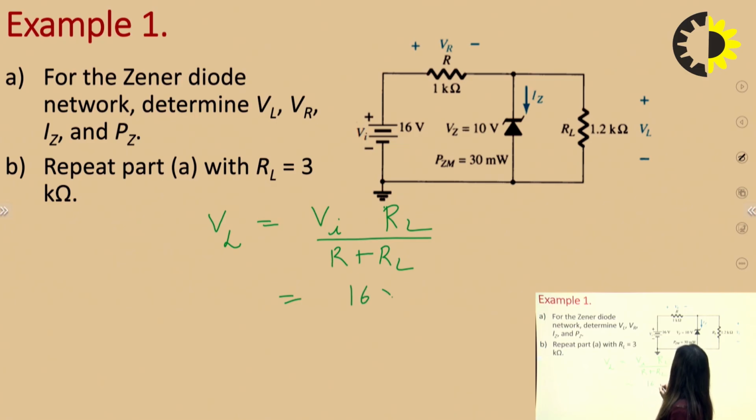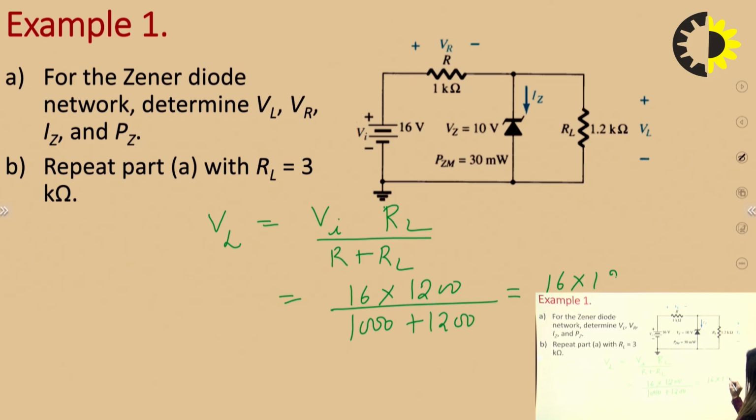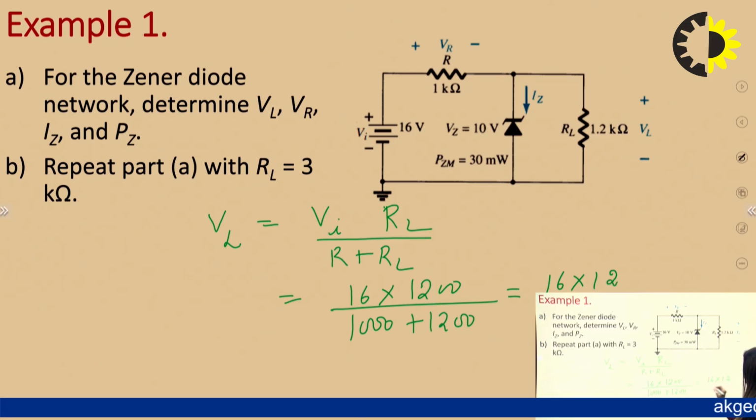VI is 16. RL is 1200 ohm, which I have converted into ohms, upon 1000 plus 1200. So 16 into 12 upon 10 plus 12, that is 22.